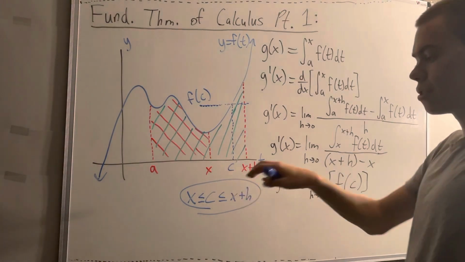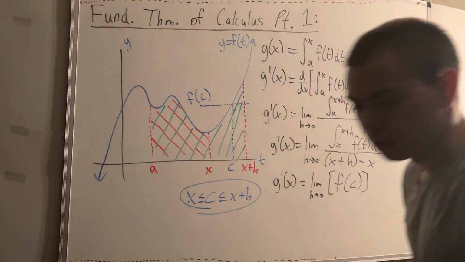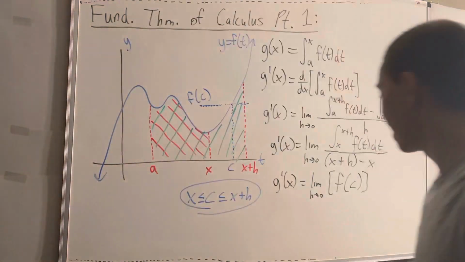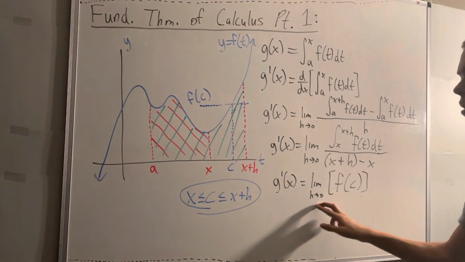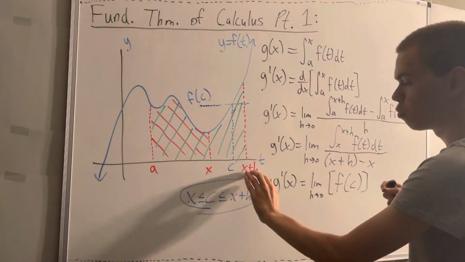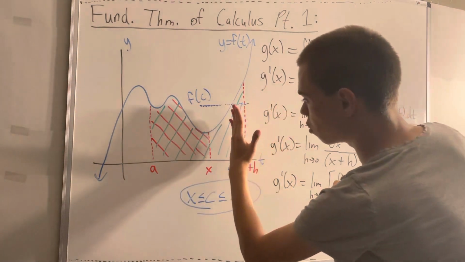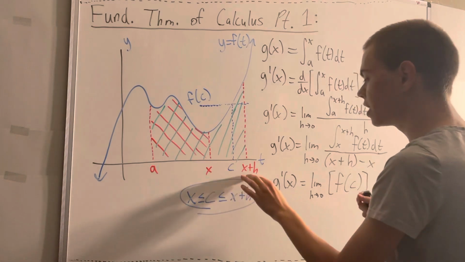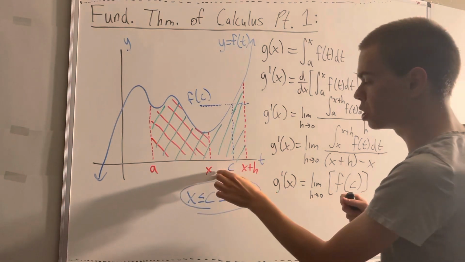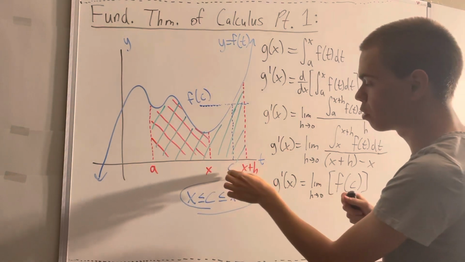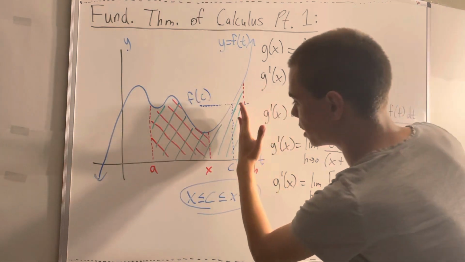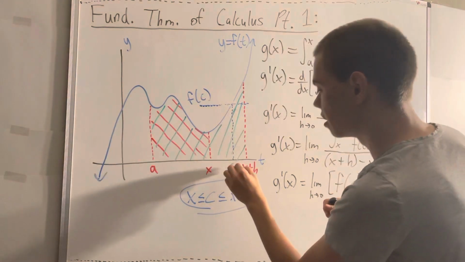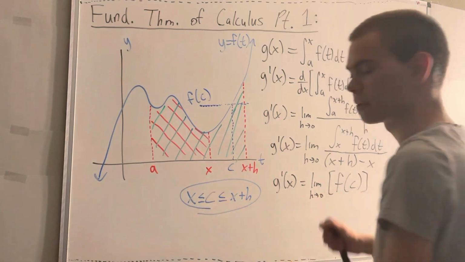Since this is always true, we know that as h approaches 0, x plus h is going to approach x. And since c is always between x and x plus h, c must approach x with it. So c is really just going to approach x.